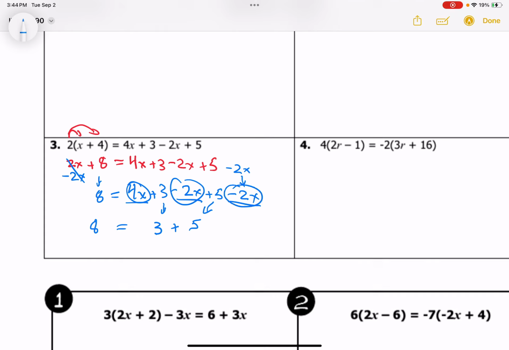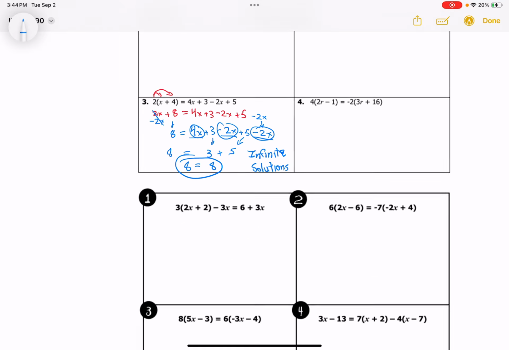So we have 8 equals 3 plus 5. Well, 3 plus 5 does equal 8. So 8 equals 8. And what you should be saying is, I canceled my variable, and I'm right. What is left is correct. So that means infinite solutions. Infinite solutions. Okay, so that's that one done.